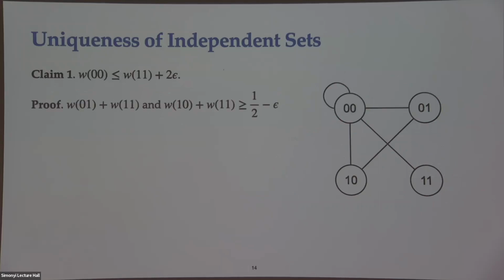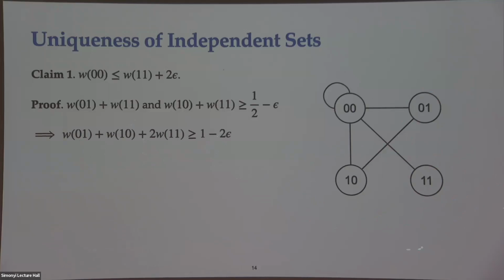First, we use the fact that these two independent sets are large. So 1,0 and 1,1 is the first independent set, and 0,1 and 1,1 is the second independent set. They must both be at least 1/2 minus epsilon. When you sum them up, you get that W(0,1) plus W(1,0) plus 2 times W(1,1) is at least 1 minus 2 epsilon.